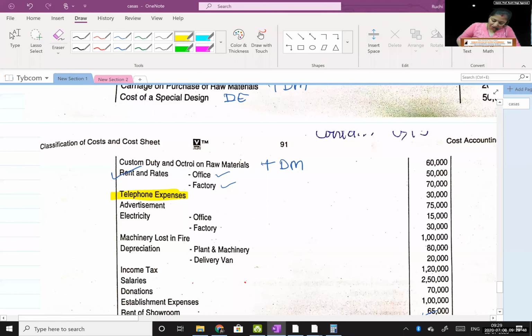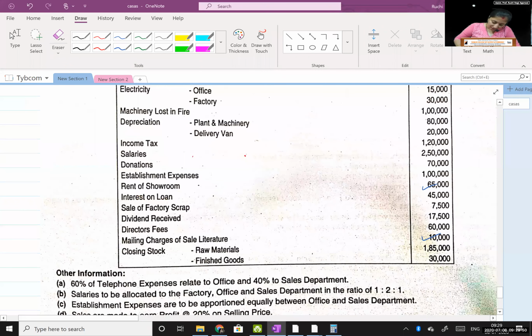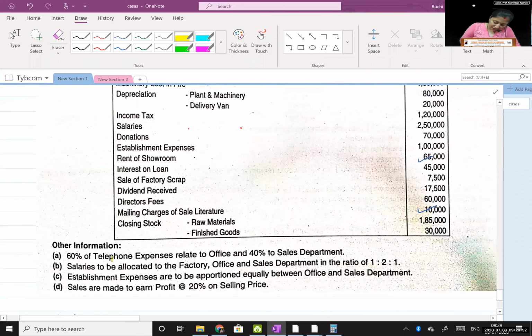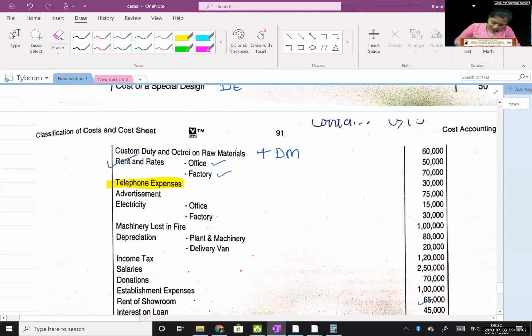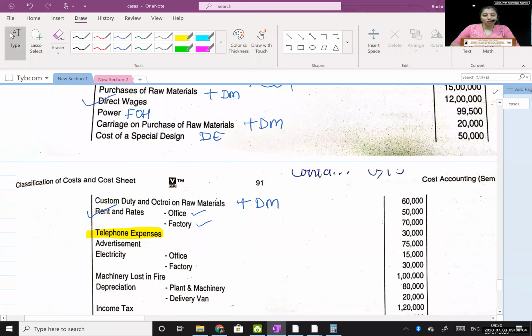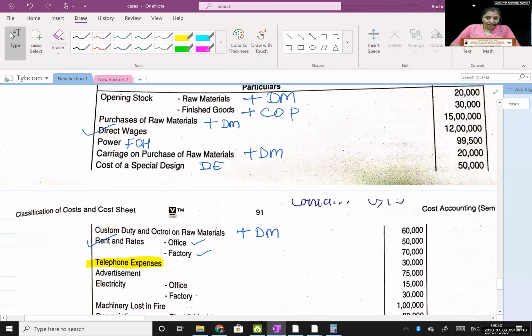There is information about telephone expense: 60% will relate to office and 40% to the sales department. If this information was not there, then obviously telephone expense would go to office. But because they have said it has to be distributed, we'll follow the question.